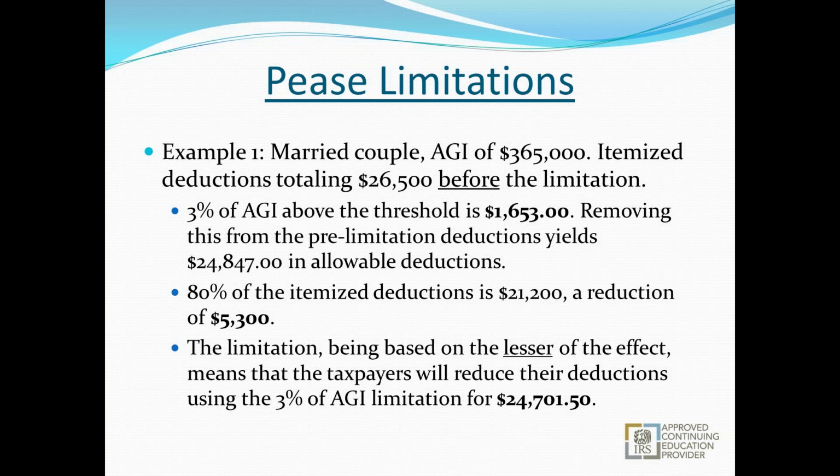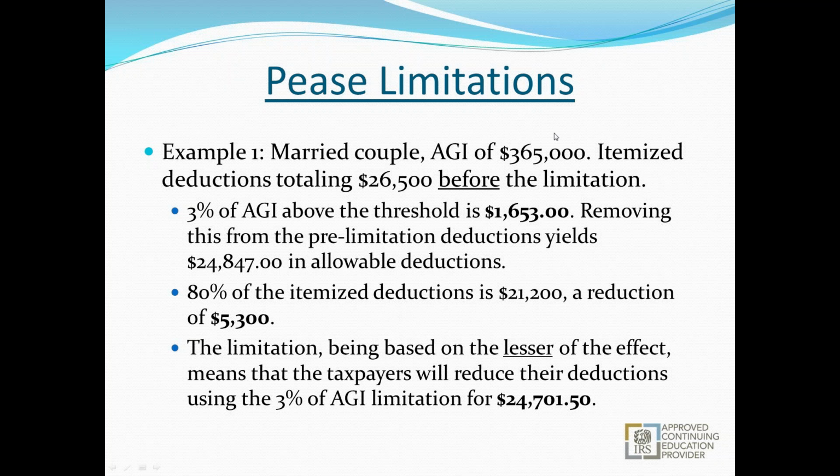On the flip side, 80% of the itemized deductions is $21,200, which is a reduction of $5,300. Since it's the lesser of the two, they're going to do the 3% limitation instead. So their total itemized deductions, as shown here, is a little bit off. It should be this number right here, $24,847. And that's what they're going to actually be able to claim.